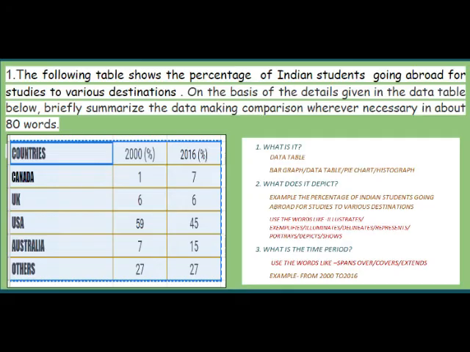The value points from the question are the percentage of Indian students going abroad for studies to various destinations. These are the value points you'll be picking up from the question. And the third point, which will go into your first paragraph, is what is the time period. So it spans over or covers what kind of period.